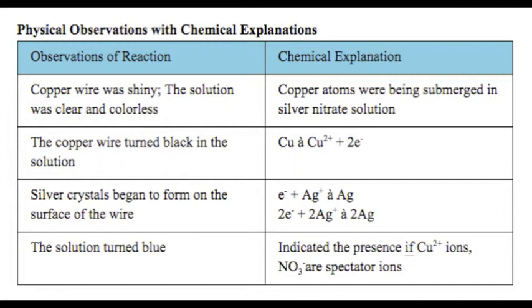Next, the copper wire turned black in the solution, and the explanation for this is that copper yields Cu2+ plus 2 electrons. Next, the silver crystals begin to form on the surface of the wire, and the explanation for this is 1 electron plus 1 silver ion yields silver, and 2 electrons plus 2 silver ions yields 2 silver atoms.